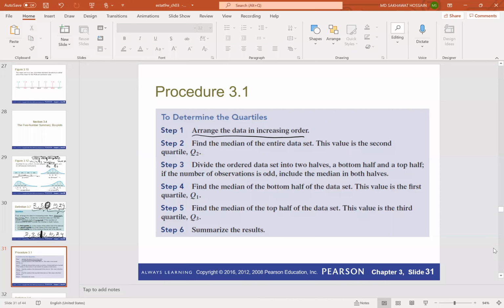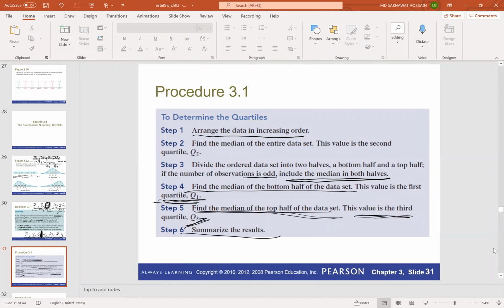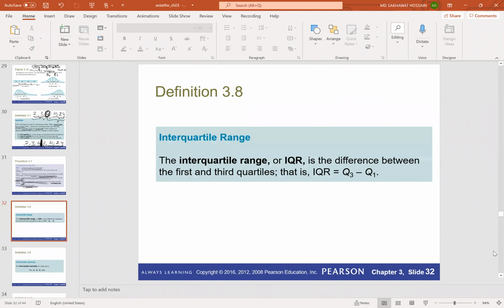If the number of observations is odd, include the median in both halves. Find the median of the bottom half of the data set, and that will be our first quartile, Q1. Find the median of the top half of the data set, that will be our third quartile, Q3. Then summarize the results. Okay, so let's go over an example.